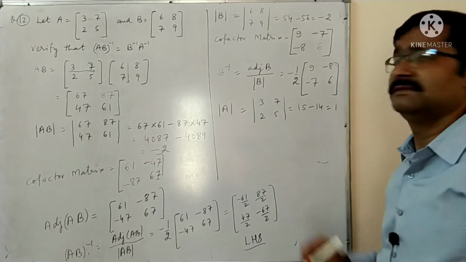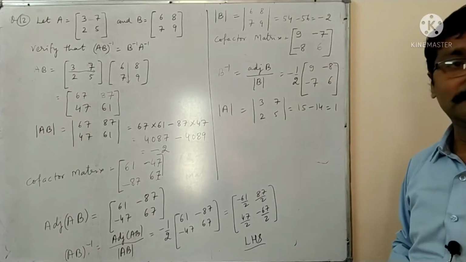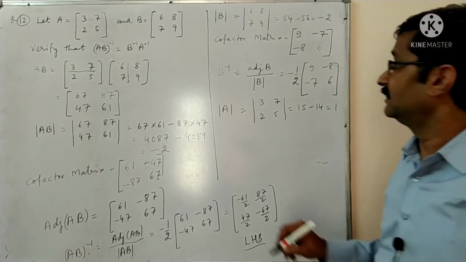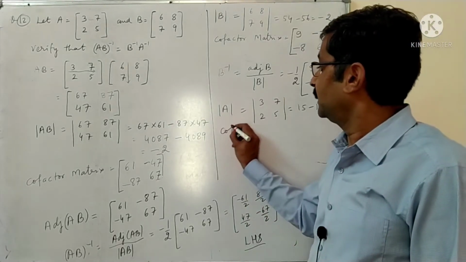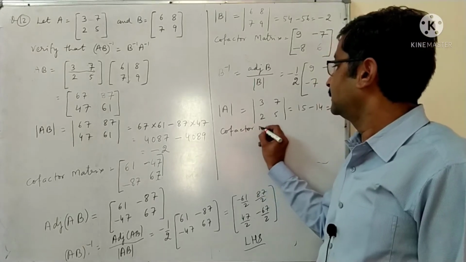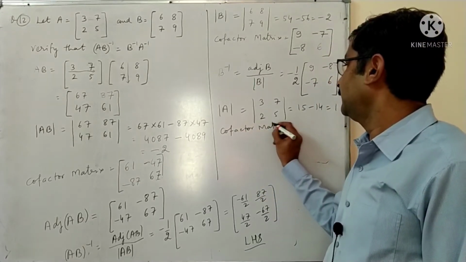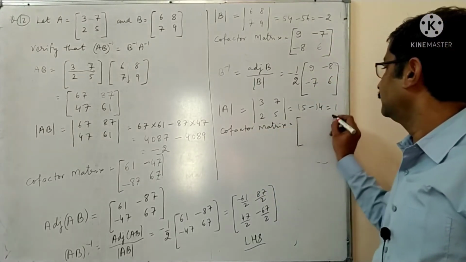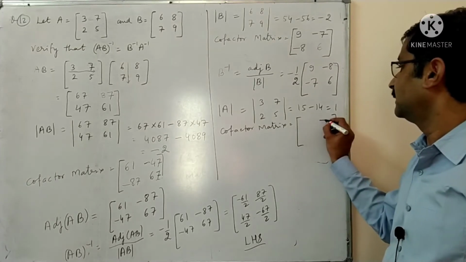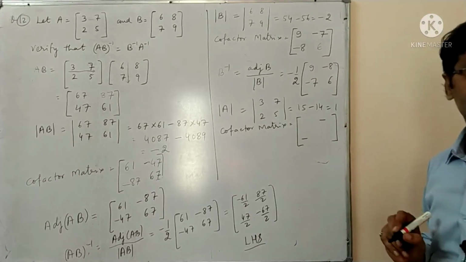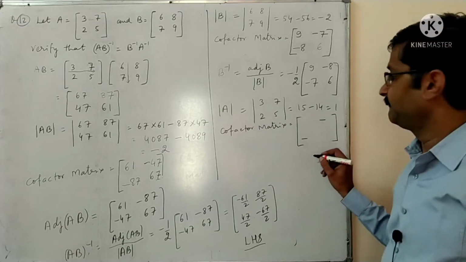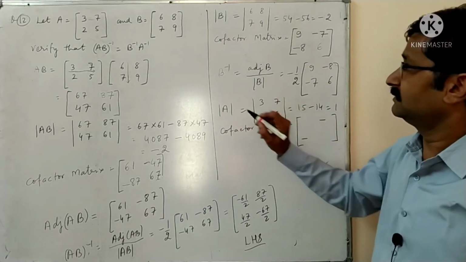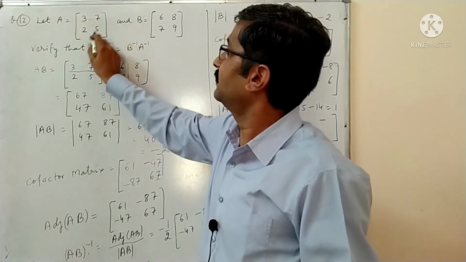So you get 1 here. The A determinant we get is 1, and first we find the cofactor matrix. The cofactor matrix will be equal to, here also the same as before, plus, minus, minus and plus. You can write it directly here. So first row and first column you do not take, what do you write?